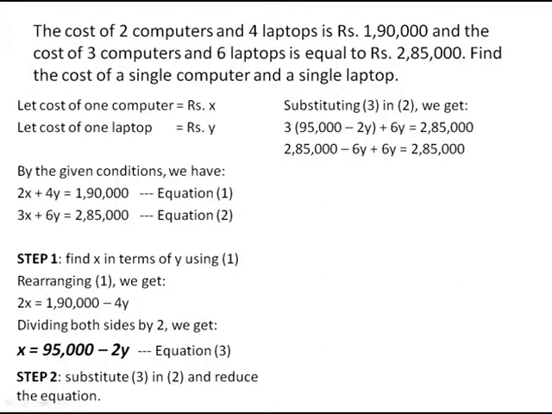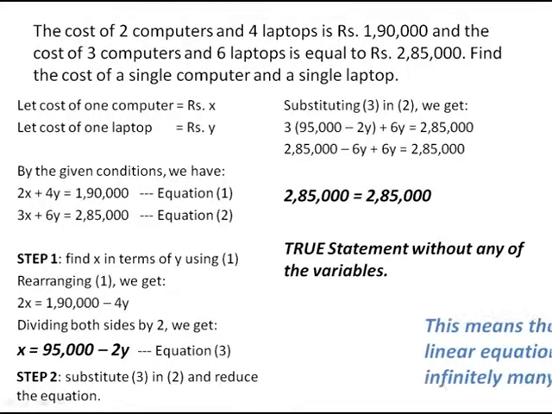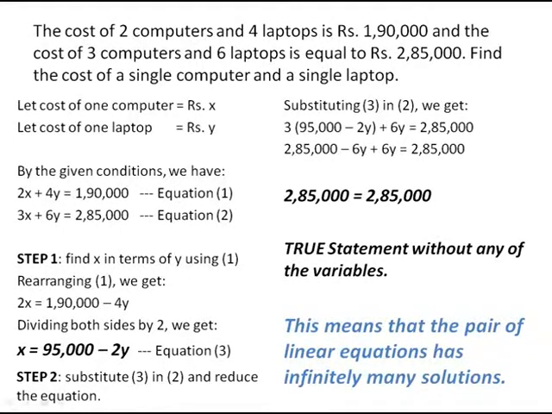So we get 2,85,000 minus 6y plus 6y is equal to 2,85,000. The minus 6y and the plus 6y get cancelled. So finally we get 2,85,000 is equal to 2,85,000. There are no variables at all in this statement, and it is a true statement. So the conclusion is that the pair of linear equations has infinitely many solutions.